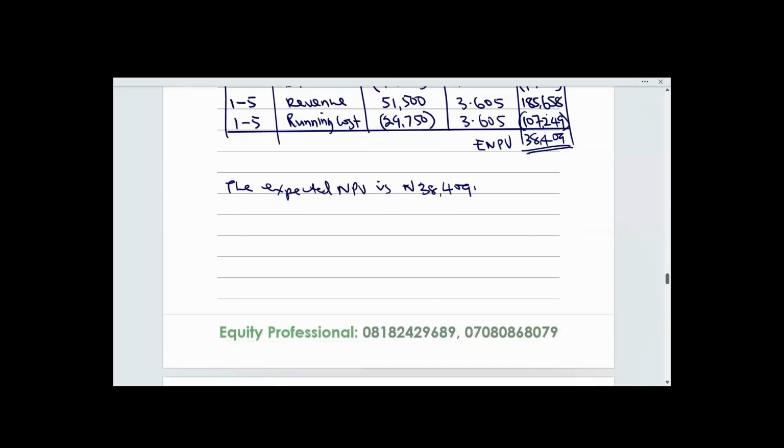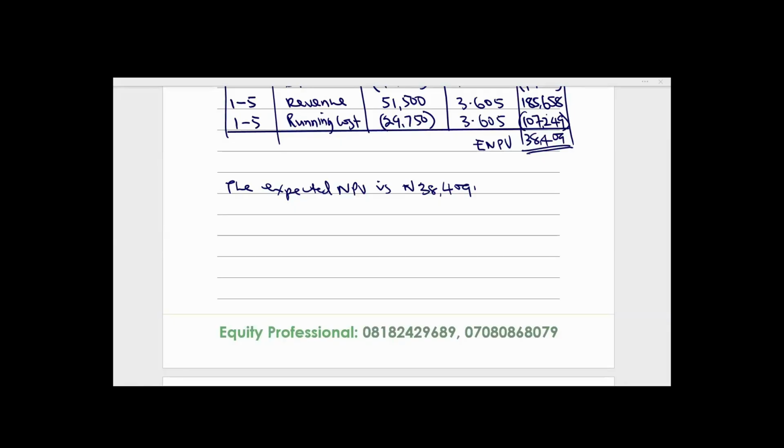Then requirement number B. The examiner is asking you to analyze the risk inherent in this situation by simulating the NPV calculation. You should use the random numbers given at the end of the question, whether you are told that or not. Once you see random numbers in the question, it means you are to calculate expected NPV using the simulation method.